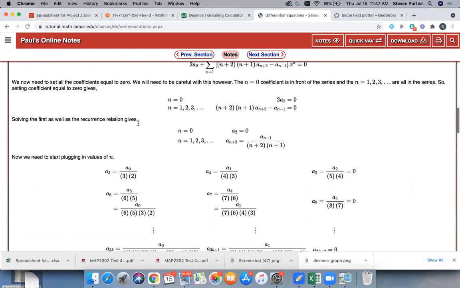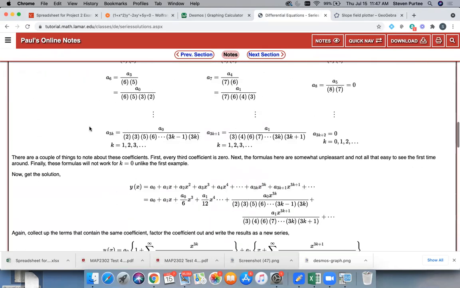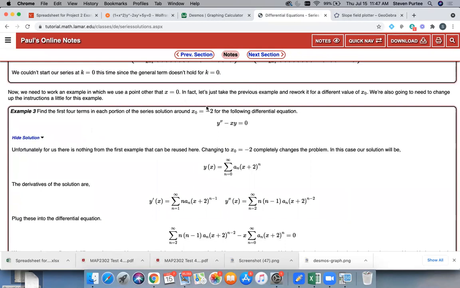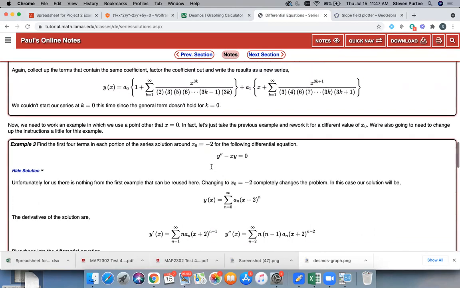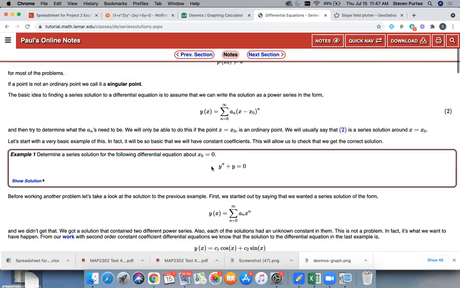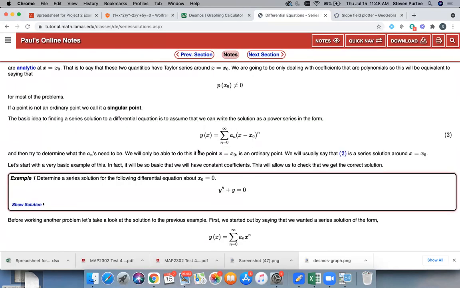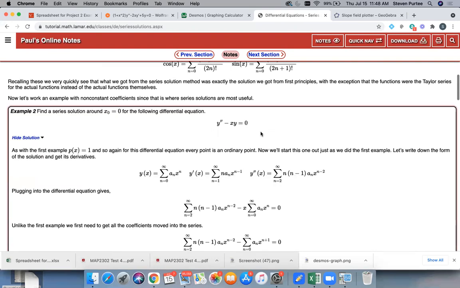So here is an example. Remember, Paul's online notes is always great. Here's a good example where he expands about a non-zero point. In general, if you're expanding about a non-zero point, or even at 0, x naught equals 0 still has the same form. This is what a general power series looks like. It has an x minus x naught to the n.